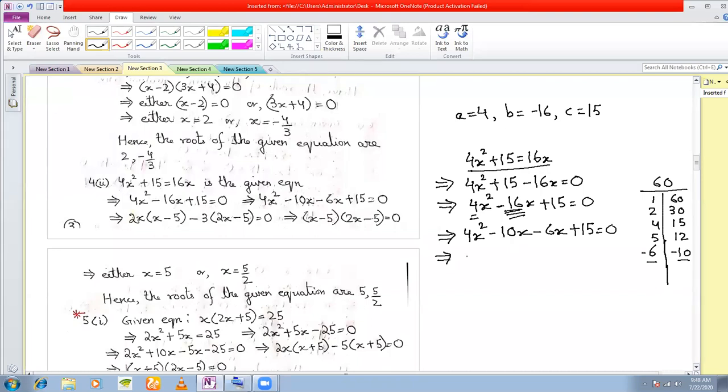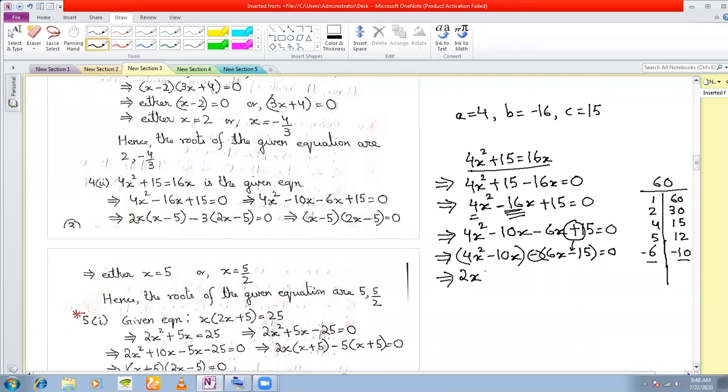Okay, so group the terms, first and second. You can do directly also, no problem. Group the third and the fourth. This sign has been changed from plus to a minus sign because I have kept a minus sign here. So now we take the HCF of the first and the second term.